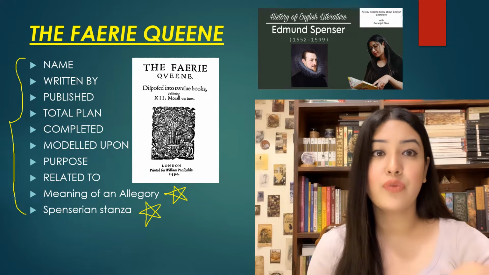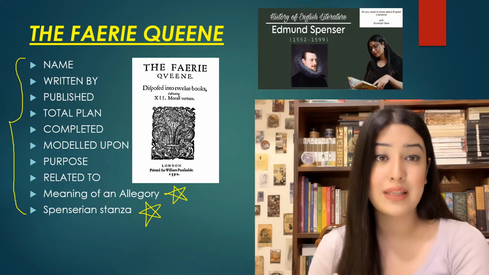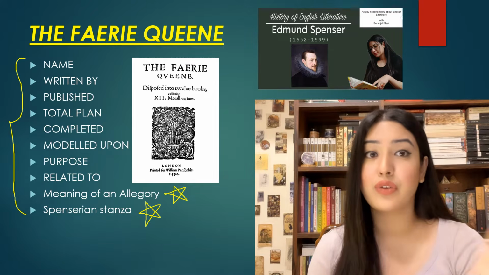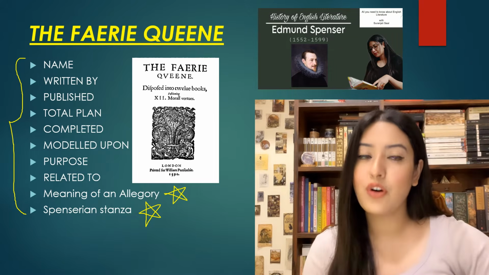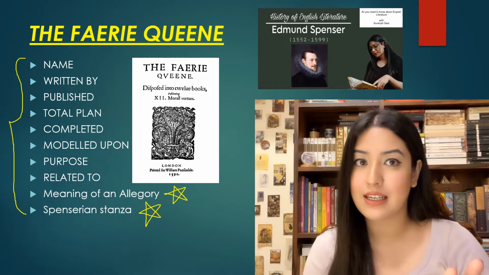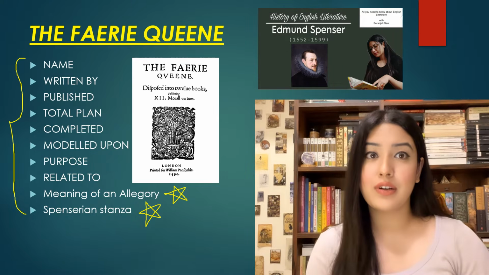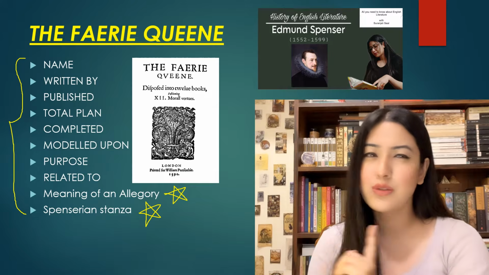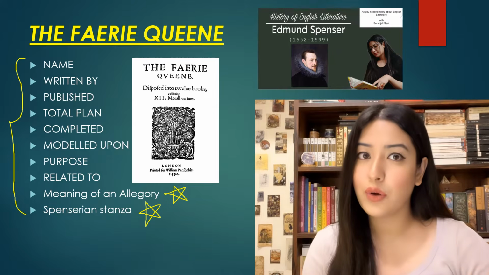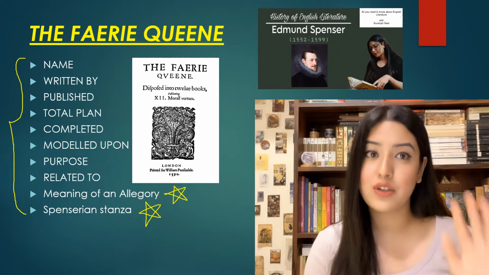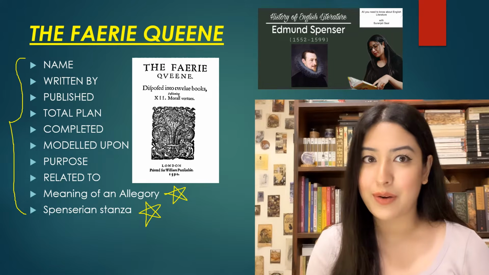He invented the Spenserian stanza and made use of it for the first time in the Faerie Queene, so you have to understand what the Spenserian stanza is. These are the important details that I have covered in that other video, so make sure you check it out. In this video now, we're going to dive deep right into the summary, so let's get right into it.